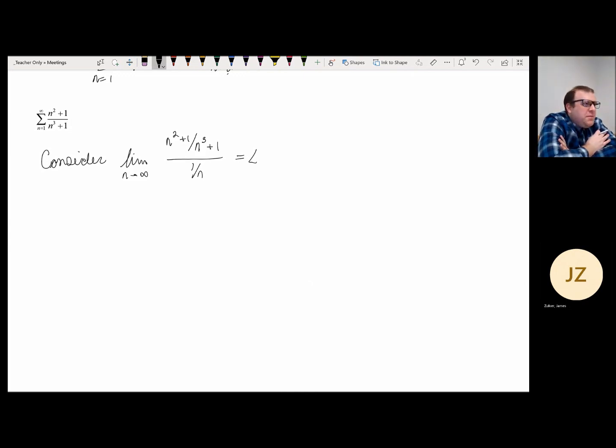So consider the limit of n squared plus 1 over n cubed plus 1, divided by 1 over n. That would just give us the limit of n cubed plus n over n cubed plus 1, right?